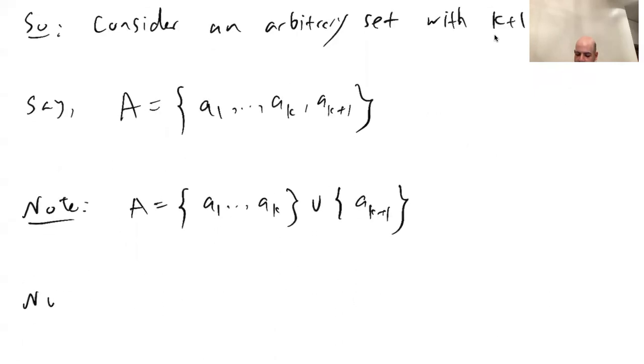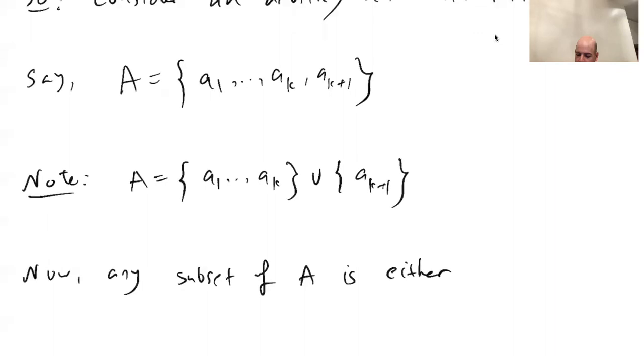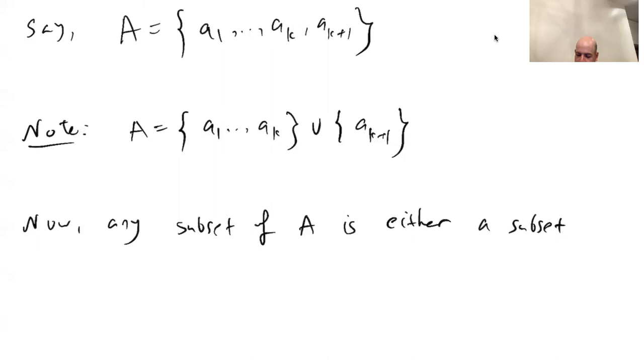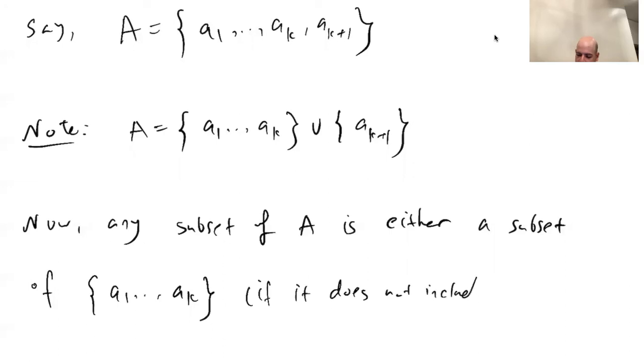So any subset of A is either a subset of A1 to AK if it does not include AK plus 1.